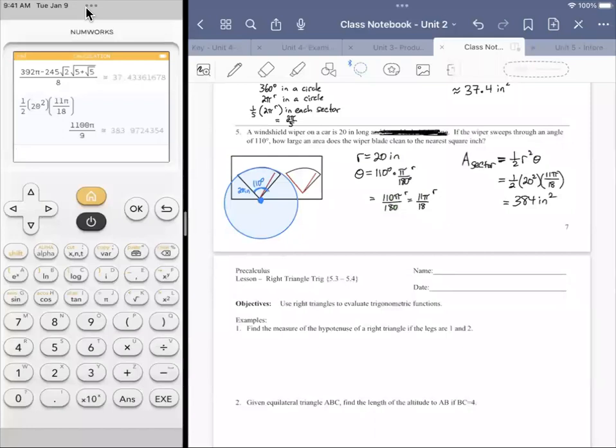But at some point we have to come back to it, because it does have value and meaning. So a couple of examples just to remind you of how the Pythagorean theorem works. We did this a little bit, but it's worth taking the time, and then we'll get into the SOHCAHTOA stuff. All right. So the example at the top: find the measure of the hypotenuse of a right triangle if the legs are 1 and 2.